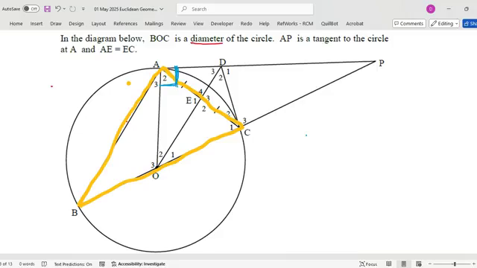What would be the reason that angle there is 90? It was a tan radius, sir. Tangent is perpendicular. Can you say it like that next time? Tangent is perpendicular to the radius because this is a tangent and this is a radius.